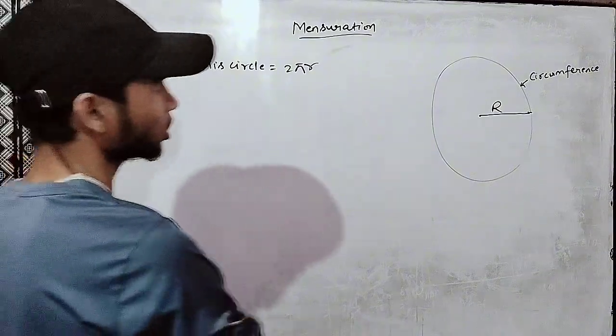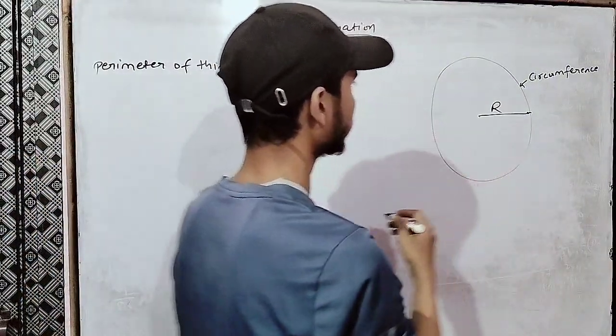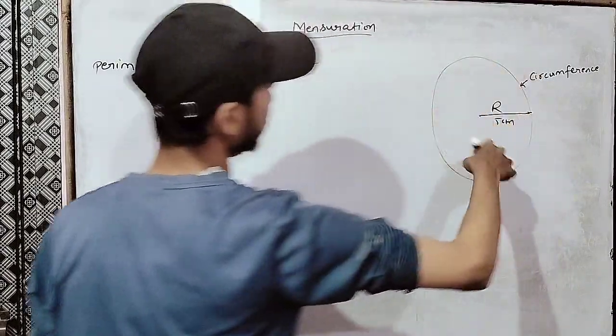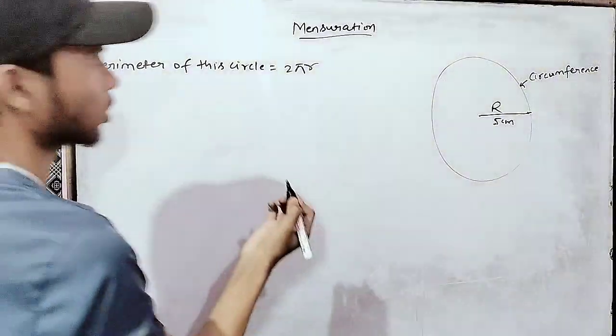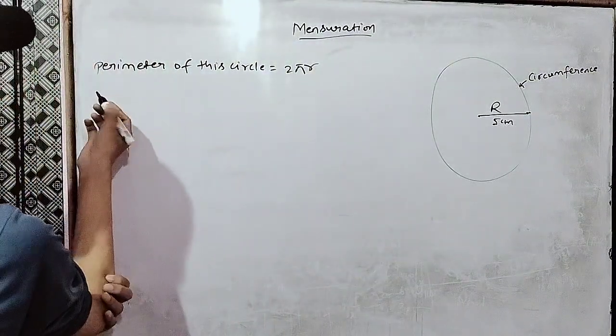One question I wanted to show. Let's say the radius is 5 centimeter, and we need to calculate the total length of the circumference of this circle.